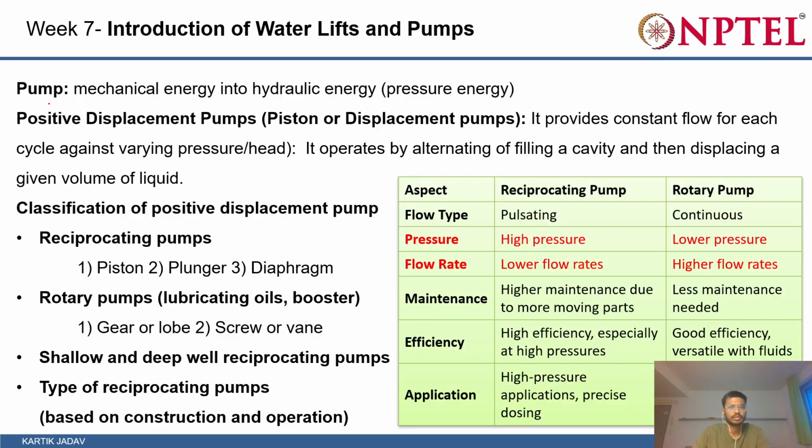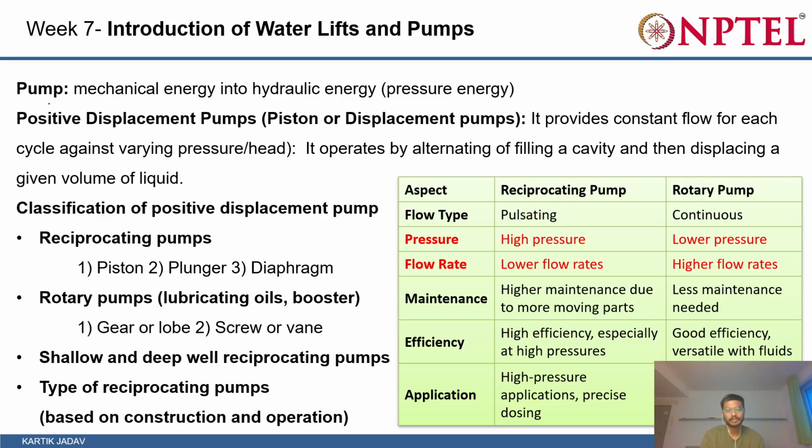Next to this, in general, a pump is defined as any device that is used to convert mechanical energy into hydraulic energy, right? So basically, what pumps do is convert mechanical energy, in terms of electric energy, solar energy, or whatever energy we have. We can say a diesel pump; by adding some fuel, we get energy.